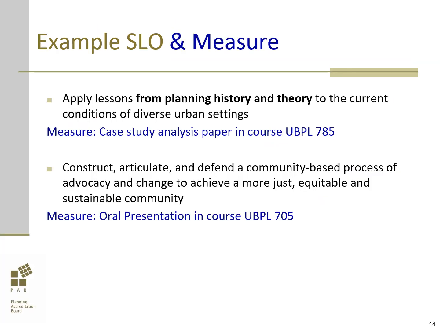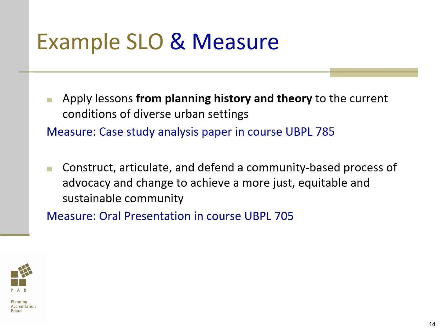Going back to the previous examples of student learning outcomes, what could a direct measure look like for these outcomes? Well, one could be a case study analysis paper in a course like Urban Planning 785. The program uses a paper assignment in course UBPL 785 to assess students on the depth and accuracy of the historical analysis and how well they connect historical knowledge to the present situation.